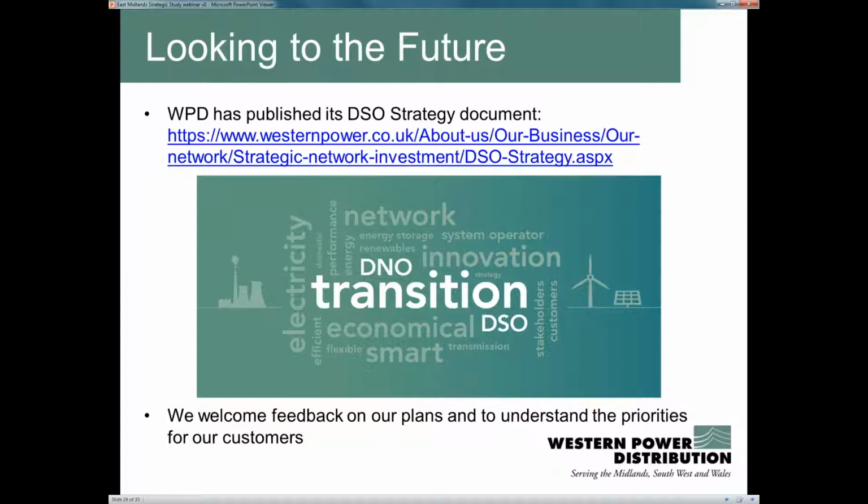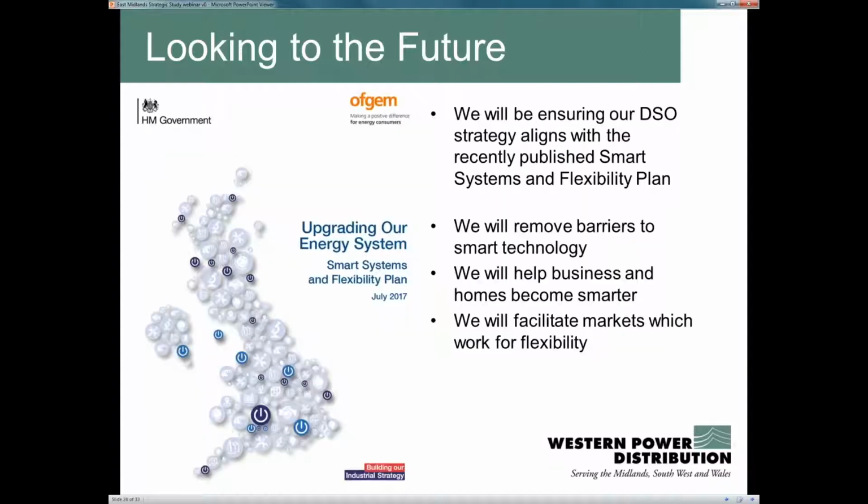This document is out for consultation at the moment. I would really recommend customers go and read it, and we would really welcome any feedback and thoughts to that consultation.